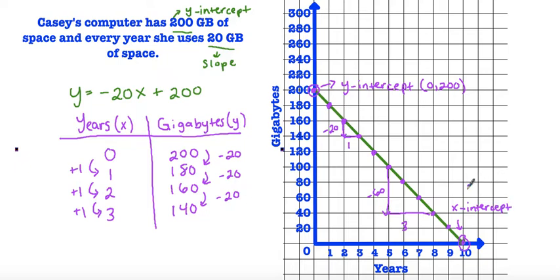Our coordinate here is (10, 0). And this represents that after 10 years, her computer will have 0 gigabytes on it, because she would have used all the space.